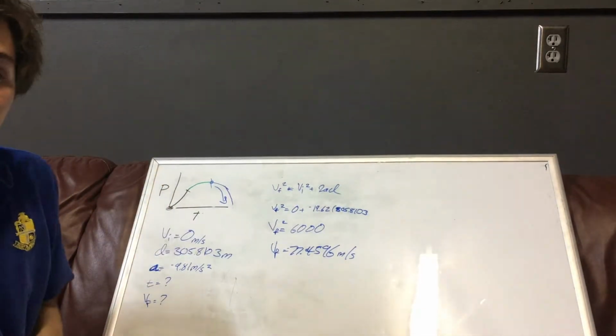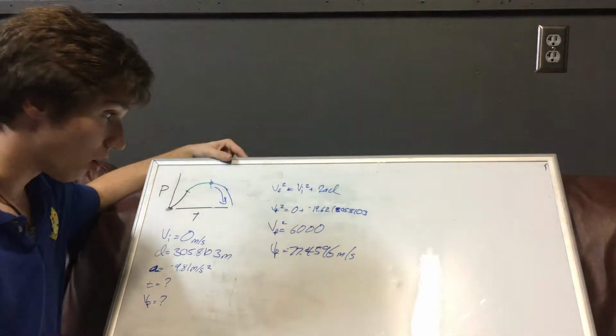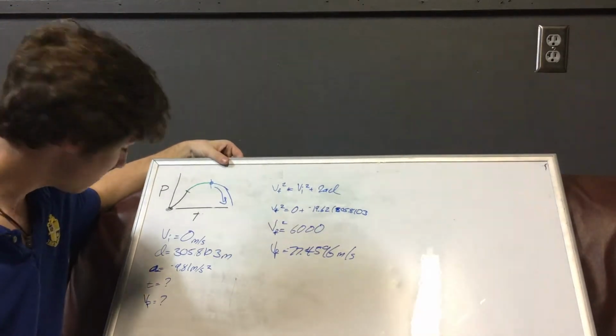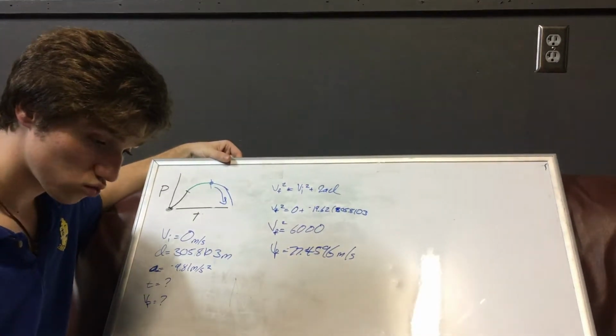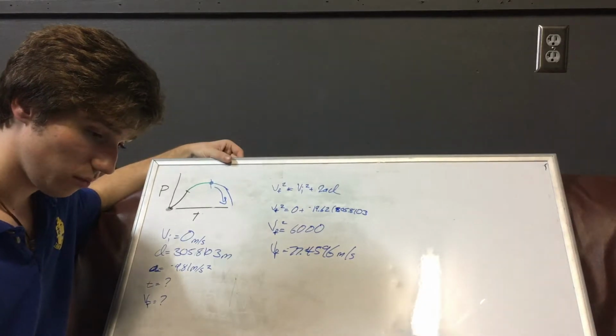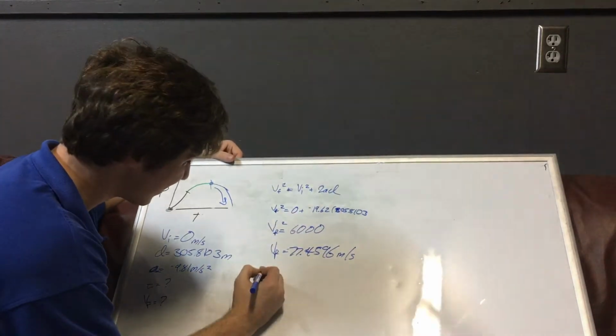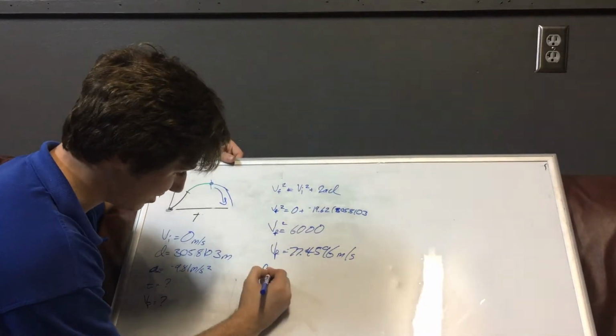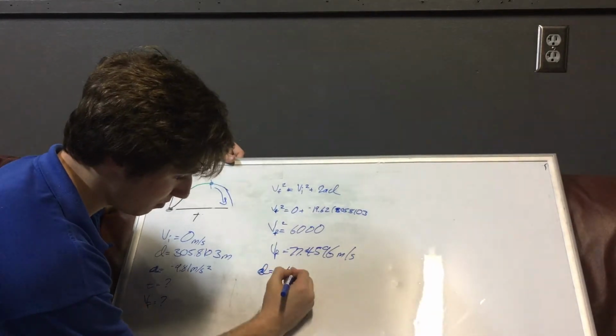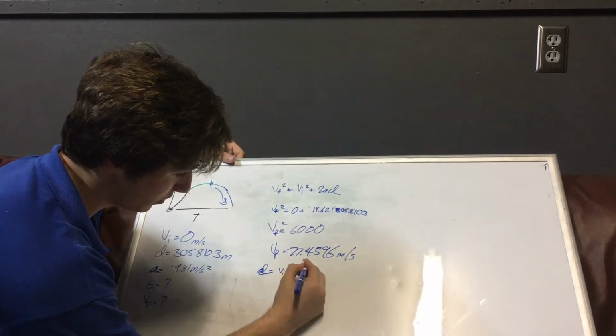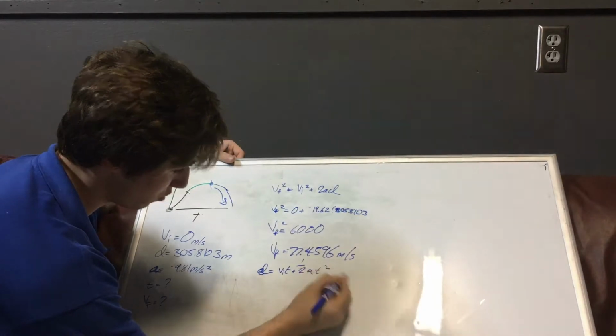And we still need to find time in this situation. What we can do for that pretty easily is d equals VIT plus 1/2 a t squared.